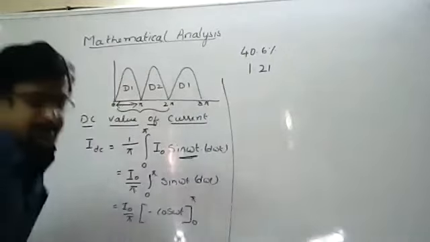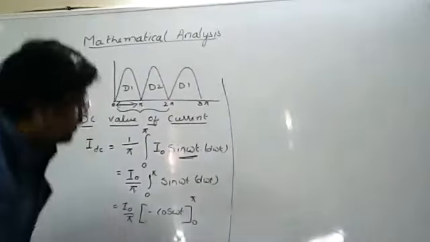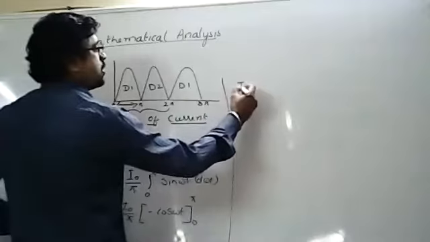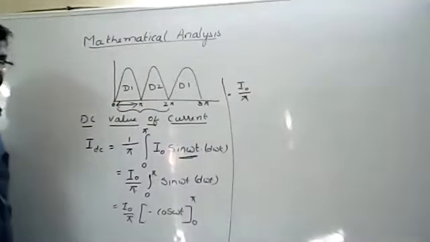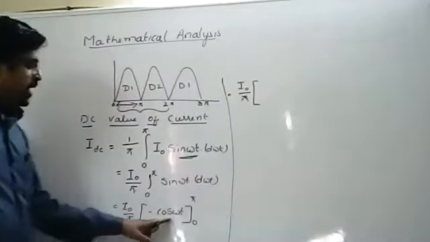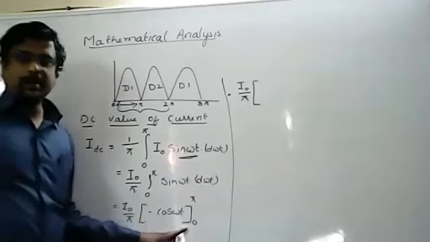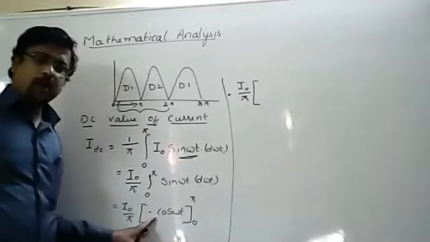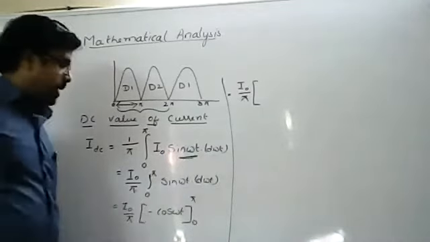Generally it is upper limit minus lower limit, but here the sign of cos is minus, so I will take lower limit minus upper limit.